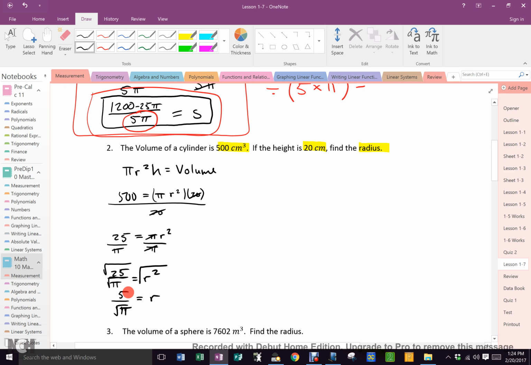Now, to punch that into your calculator, what would you do? To do it in one shot, it would be 5 divided by, depending on your calculator, square root button, then pi, then equals, or 5 divided by pi square root equals.